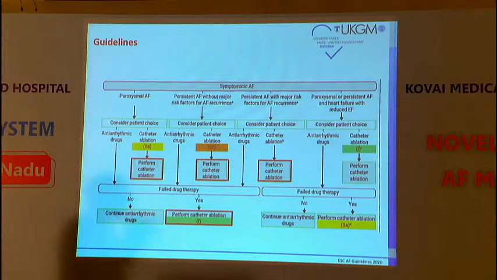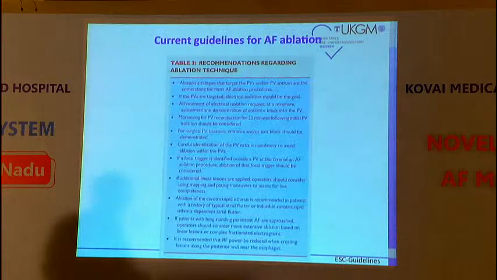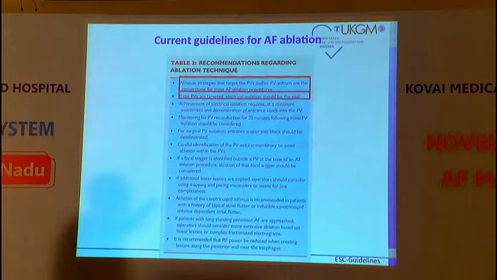This trial showed a tremendous benefit for the patients once they get sinus rhythm back. What should we do? Catheter ablation. You can do a lot of things in the left atrium, but the guidelines are very clear. Once you go to the left atrium, just isolate the PVs and don't do anything else. This is what the guidelines say.